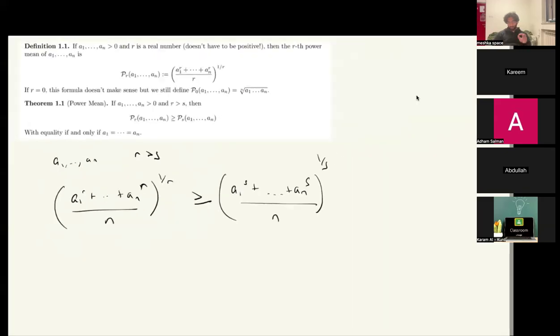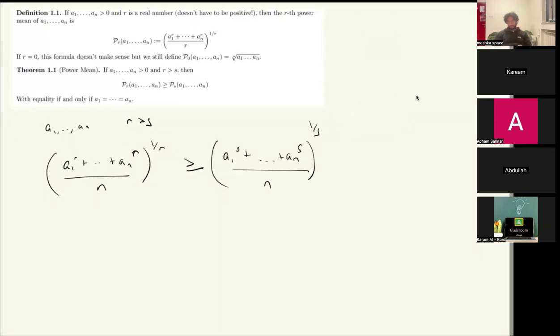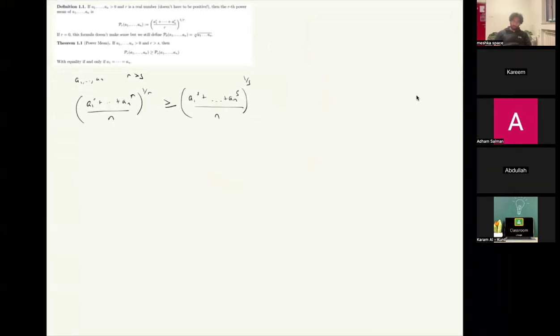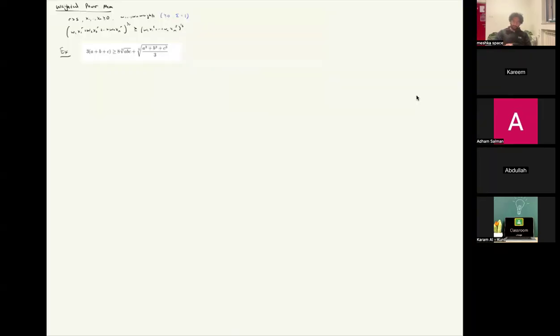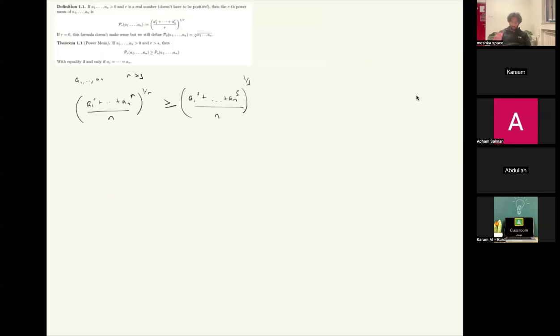Okay, great. So can you tell me what the weighted version of this inequality should be? Just how AM-GM has a weighted version, this also has a weighted version.